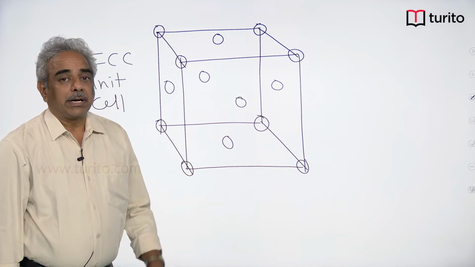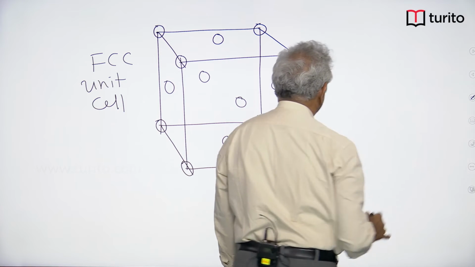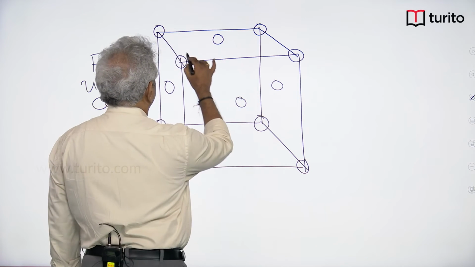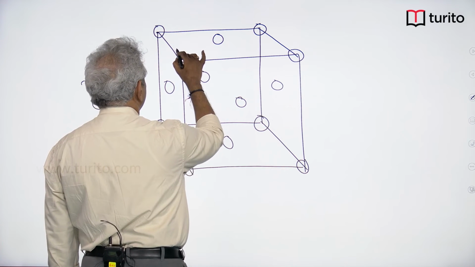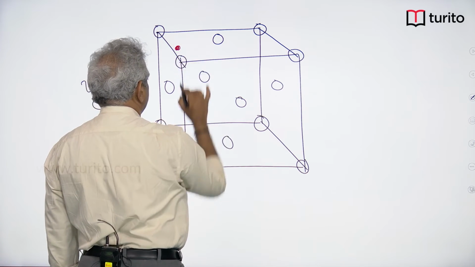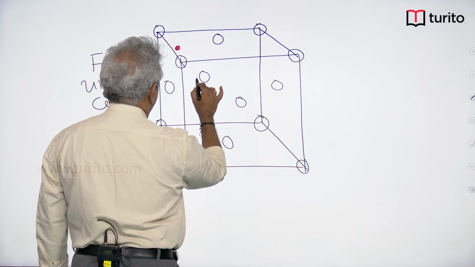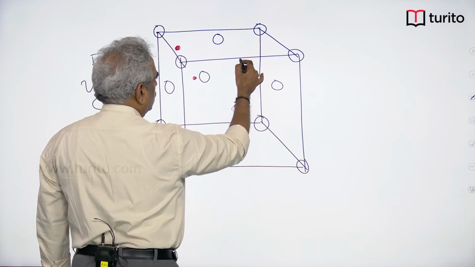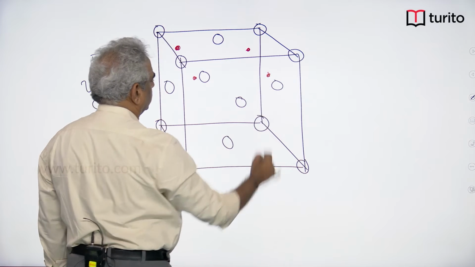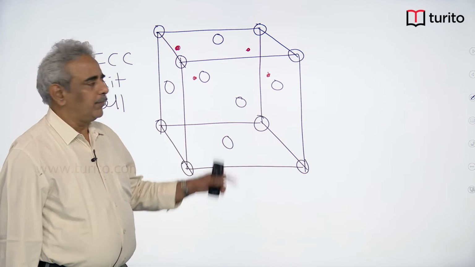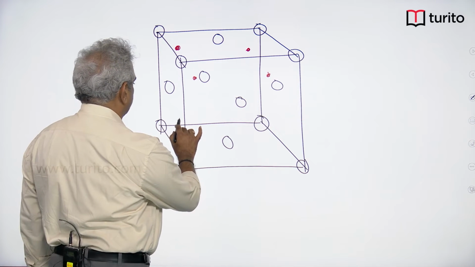Now, where do I find tetrahedral voids? See, these three make a triangle, and there is a tetrahedral void, and towards the front corner you have a tetrahedral void, towards this you have a tetrahedral void, towards this you have a tetrahedral void. Four tetrahedral voids towards the corners, and at the bottom also 4 tetrahedral voids.